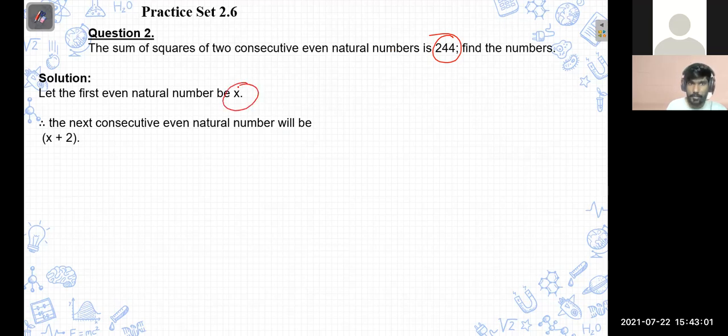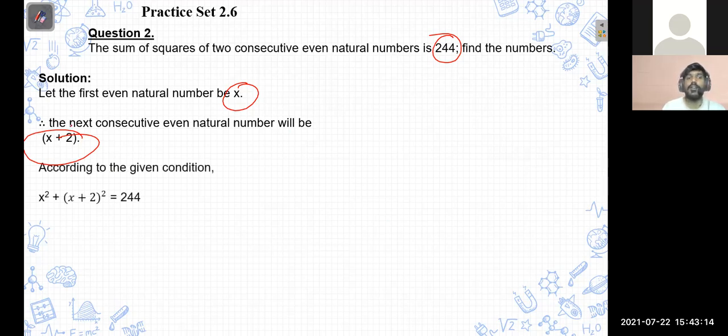No, this is one number and this is another number. Square both and add: x square plus (x plus 2) whole square equals 244. Yes, correct.